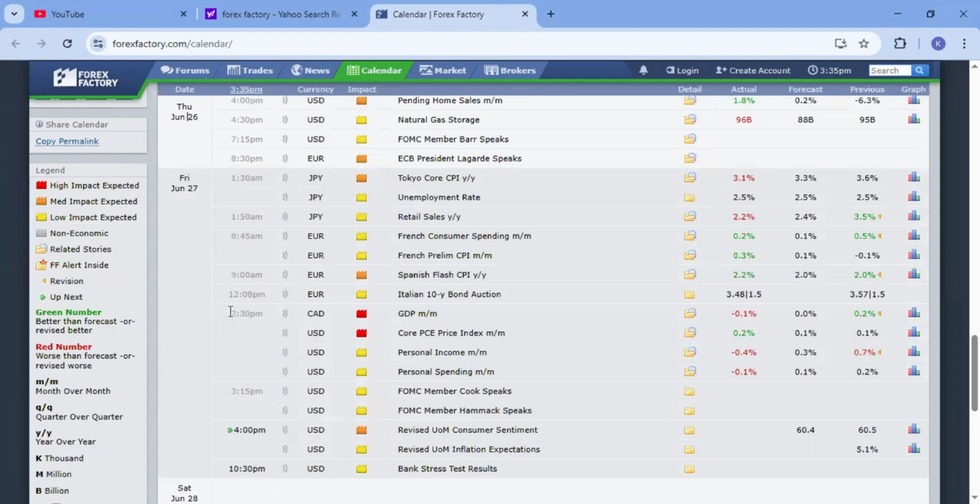Today we had news at 2:30. We don't have anything for the New York session or anything. So yeah, let's go and see what's happening on the chart.